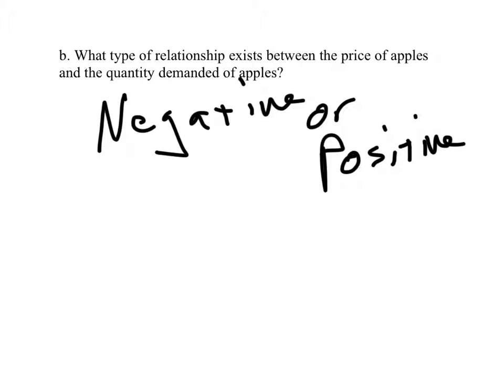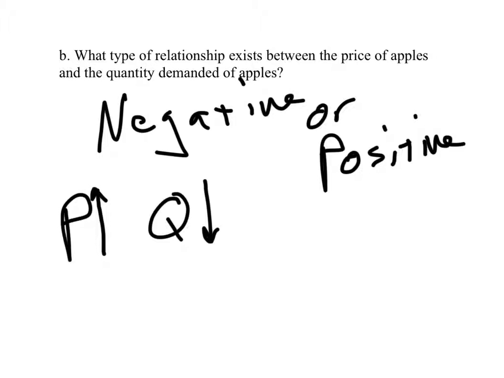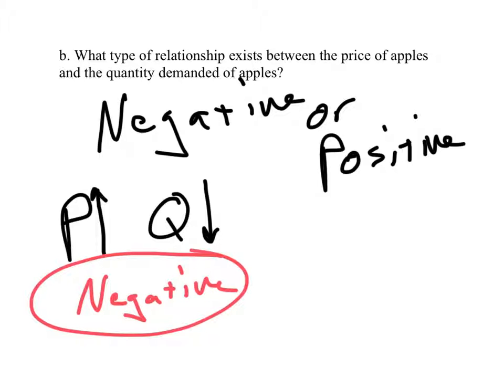And what we're looking at here is price and quantity. If you noticed, when the price of apples was going up, we were purchasing fewer apples, right? So that would be indicative of a negative relationship. And so that's the answer to that question.